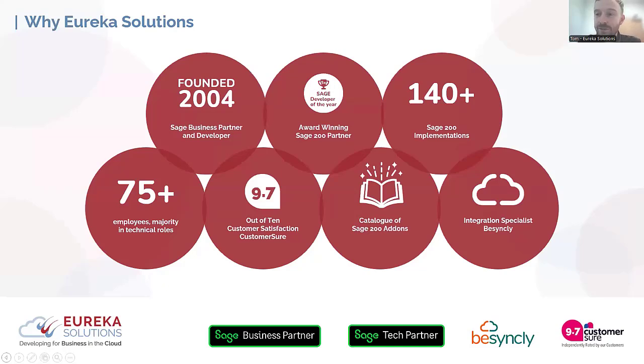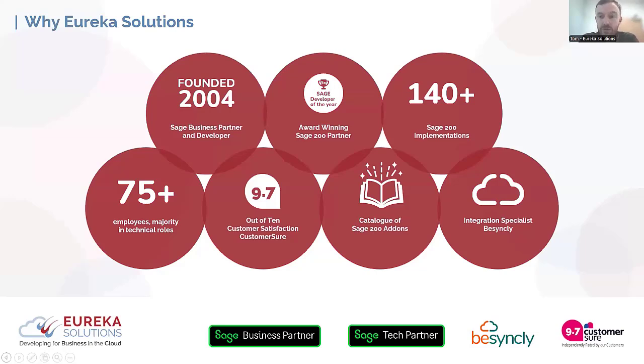Obviously, e-commerce has become so popular over the years, especially since COVID as well. People are buying online using the likes of Shopify, WooCommerce, Amazon, eBay, etc. So we get direct integrations into those solutions, using our tool called Basincly, which you can see at the bottom right hand side, the bottom right bubble, and also the Basincly logo at the bottom of the screen.